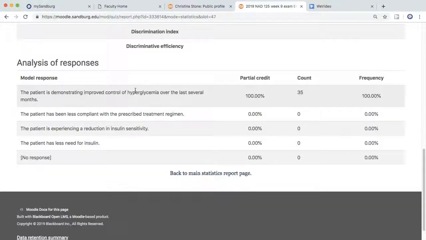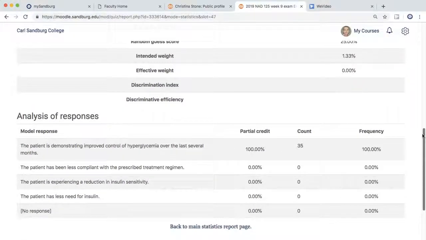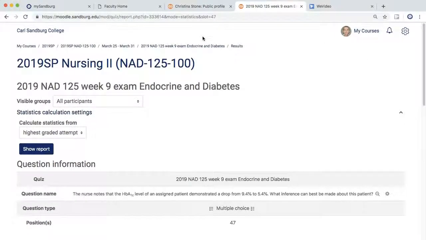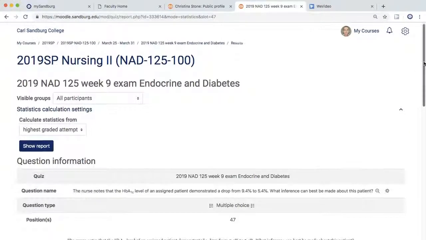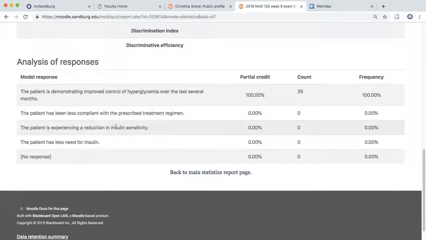So it sounds to me like the students understand what a hemoglobin A1C is. It looks like I do a good job covering that. It looks like the book covers it, so the students understand that. So I'm not going to make any changes there. I'm pretty happy with that 100%. So I could maybe make a couple changes on the distractors if I wanted to.